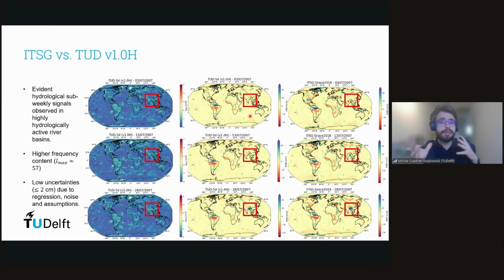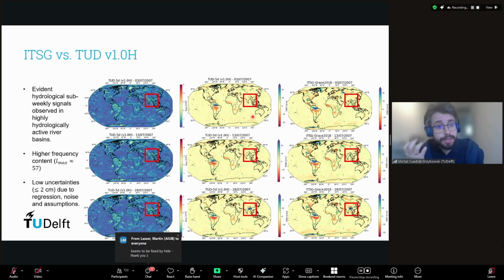We are now looking into a comparison between ITSG daily solutions resampled at 5-day mean and our 5-day solutions from TU Delft. And you can see that there is quite evident hydrological sub-weekly signal from active river basins such as the Ganges-Brahmaputra, as it's described here.